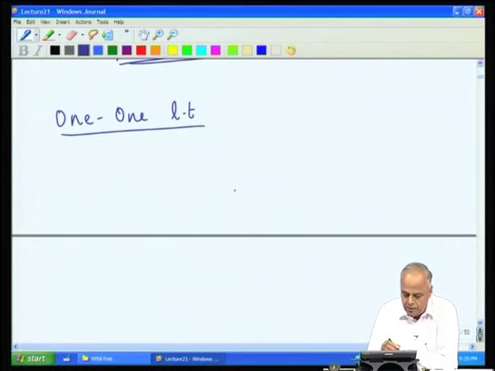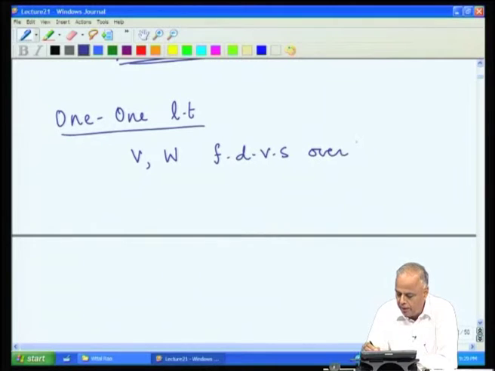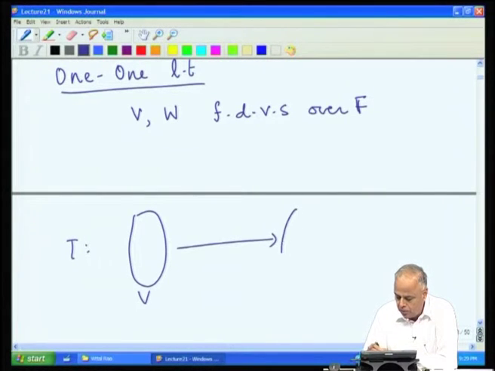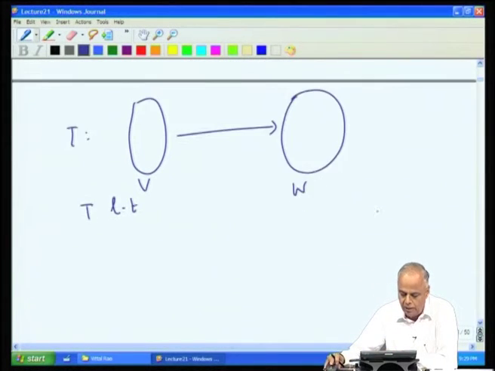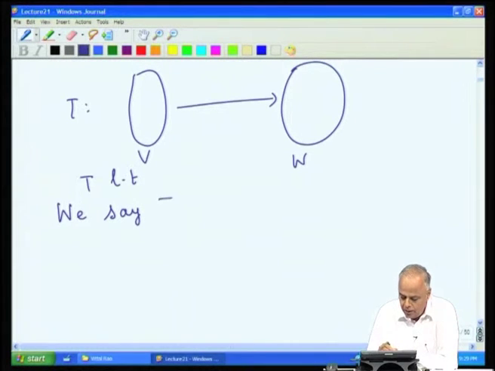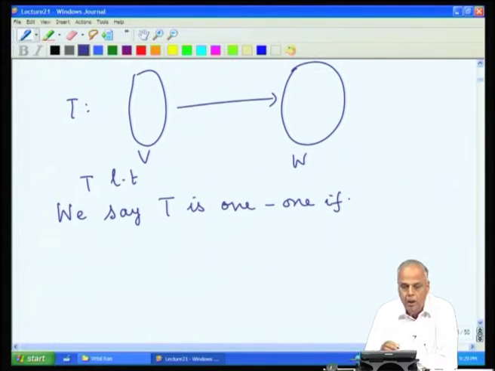Once again, let us consider V and W to be finite dimensional vector spaces over a field F, and let us take a linear transformation T from V to W. We say T is 1-1 if distinct vectors get mapped to distinct vectors.